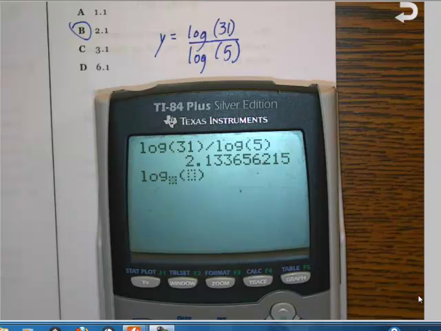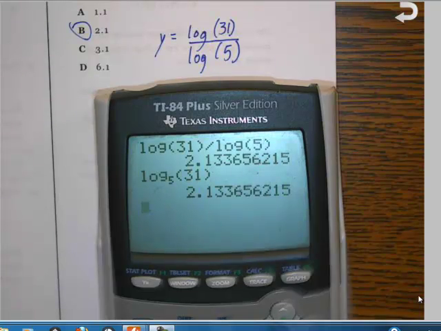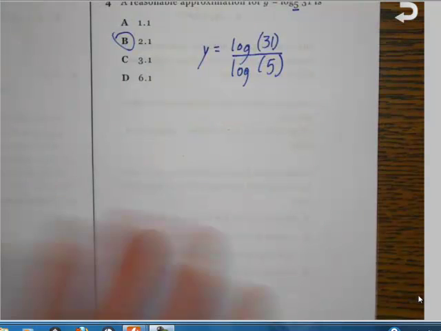Okay, so we say, okay, log base 5 of 31, and lo and behold, it's the same thing. Behold, the change of base formula works, and I like the change of base formula better because I was trained on scientific calculators back in the 90s. The 90s were a wonderful time, by the way. Okay, that was easy. On to the next one.